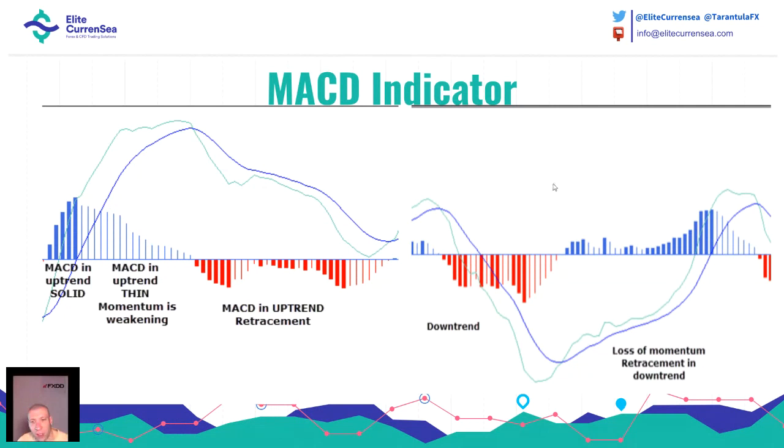For a downtrend, guys, it's easy to define. Both lines are below the zero line. If the market starts to make thinning lines, it means that there is retracement. Blue histograms, while those two lines are still below the zero line, indicate a potential end of retracement and continuation of a down move.